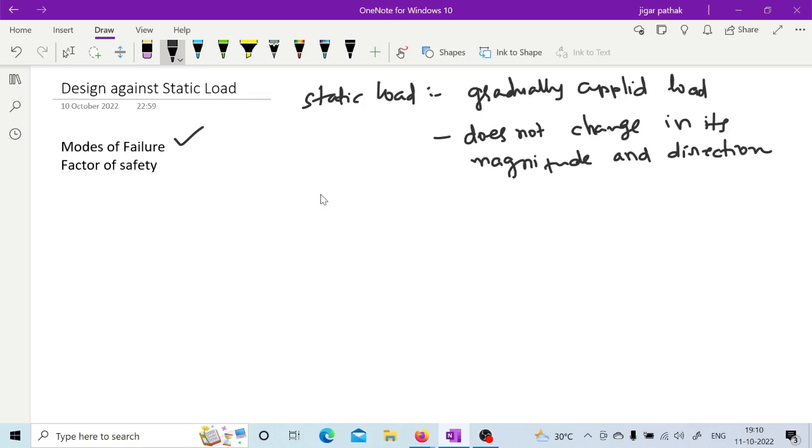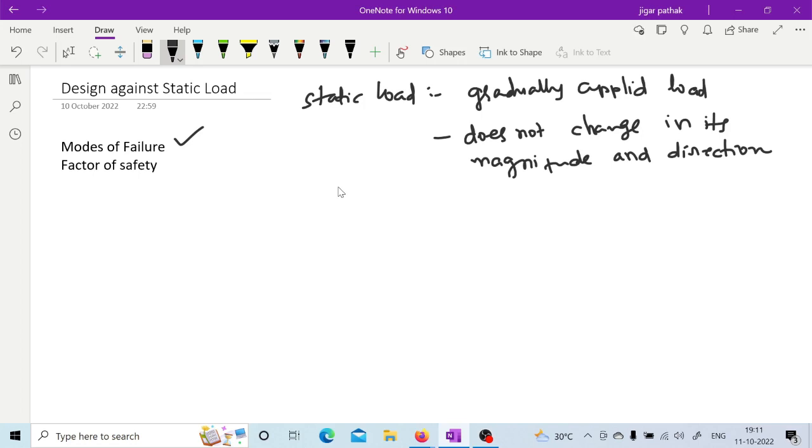So whenever you design, you have to design for failure also. Whenever you are designing any product, you need to define which particular component of that system or device is going to fail.